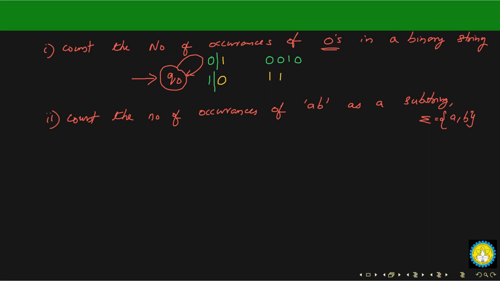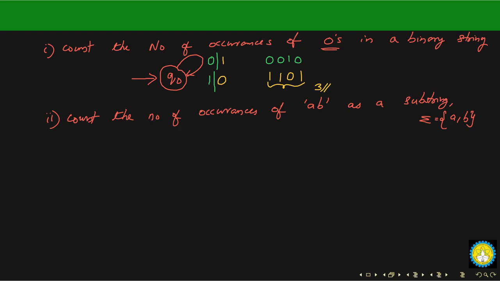Again, when you see a 0, 1 will be generated. Now you are seeing a 1, so a 0 will be generated. And when you see a 0, again a 1 will be generated. If you count the number of ones in this output string, you will get 3, and 3 is the number of occurrences of 0 in this binary string. So this is a very simple question.